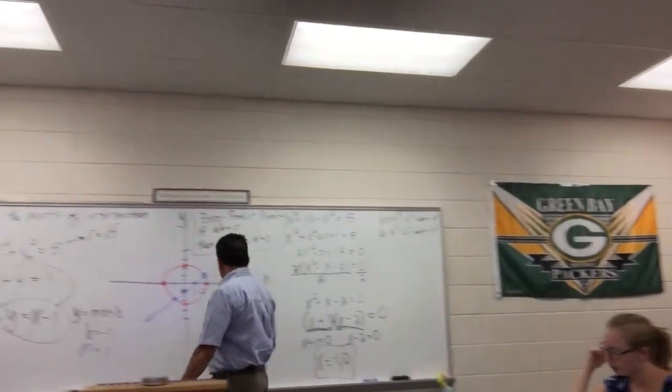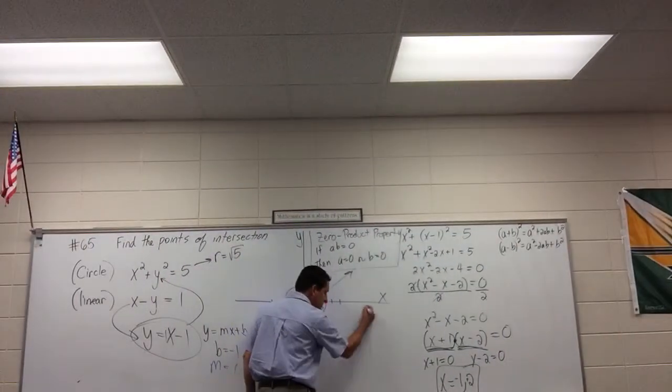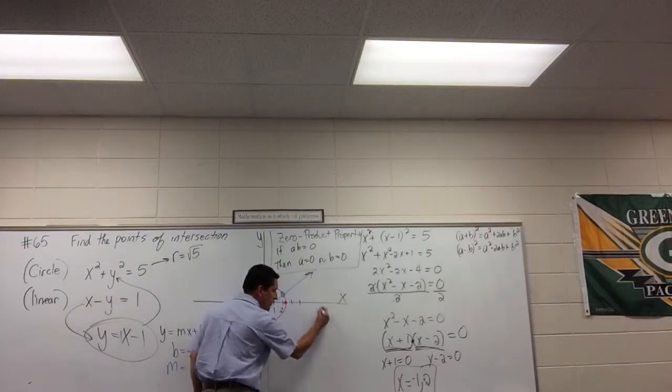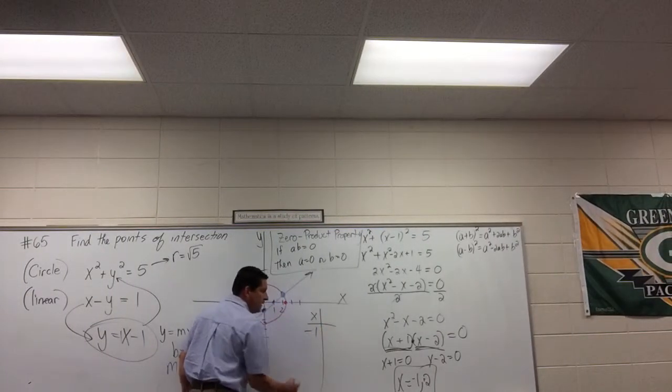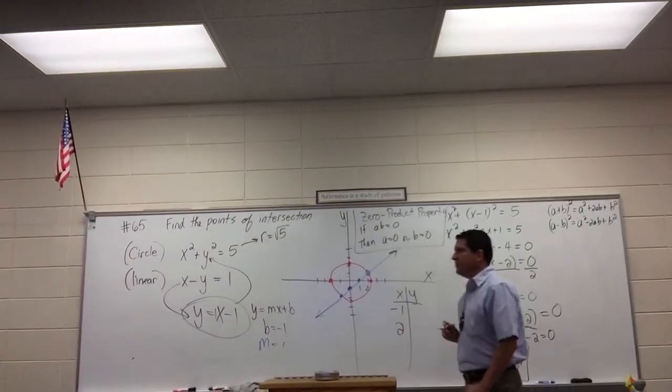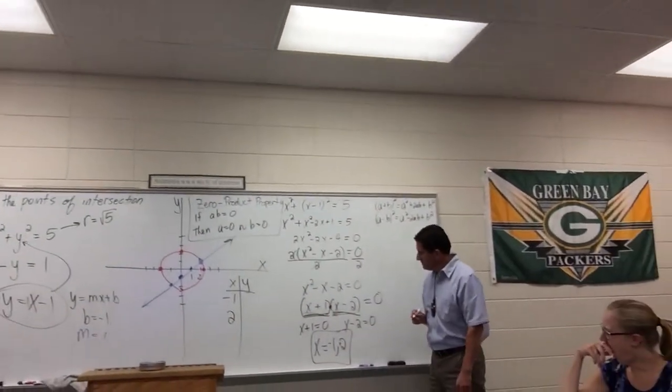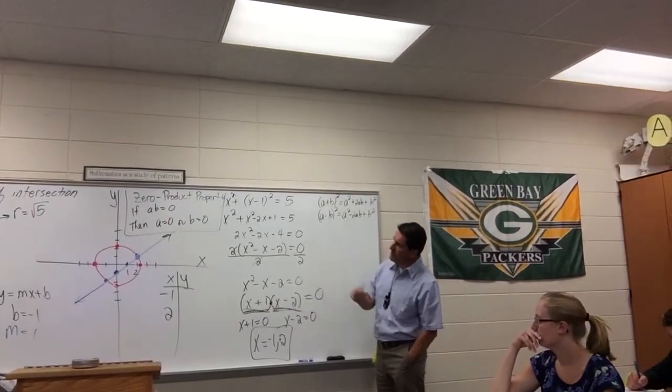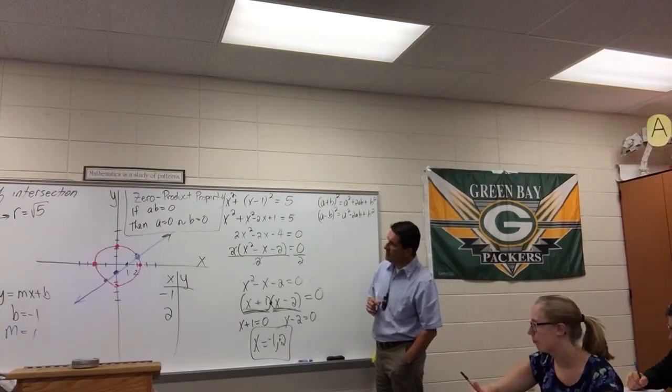Now, what's going on here? This means that when x is equal to negative 1 and when x is equal to 2, that's where the two solutions are. So if I take negative 1, plug it back into x, what do I get for y?